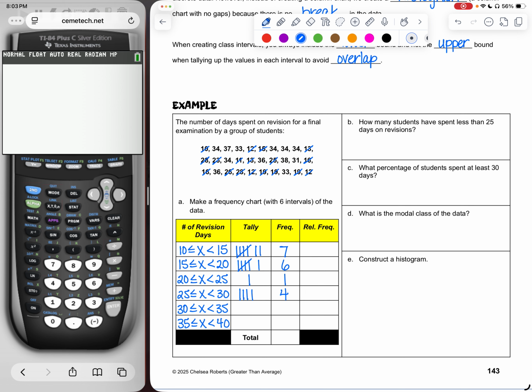And then from 30 to 35, we have 1, 2, 3, 4, 5, 6, 7. And then last but not least, from 35 to 40, we have 1. And actually, this should be 8 because I just crossed out a 34. So that should be 8.